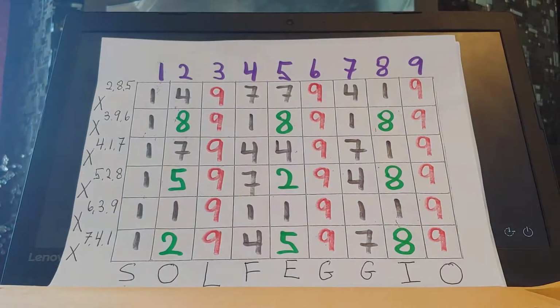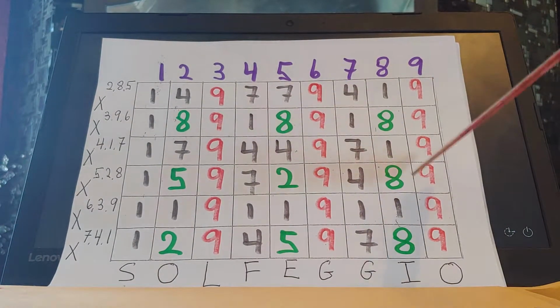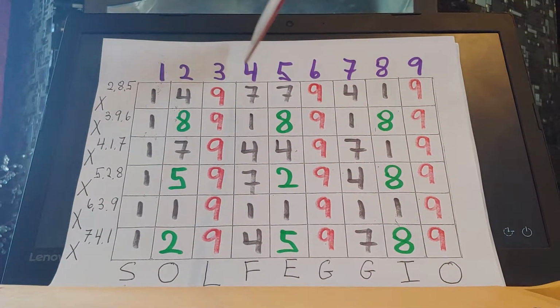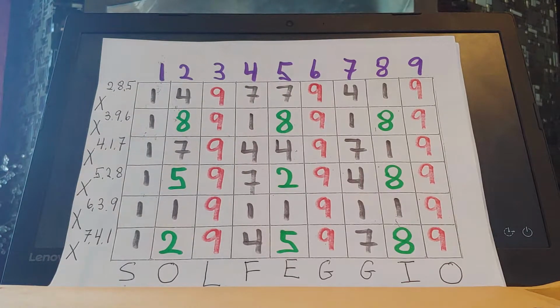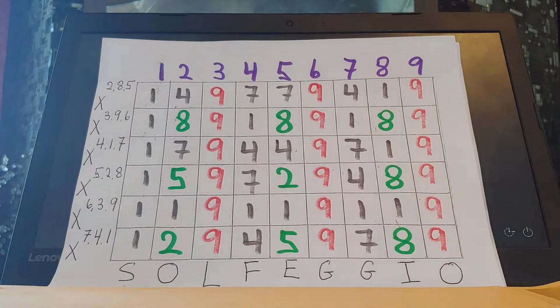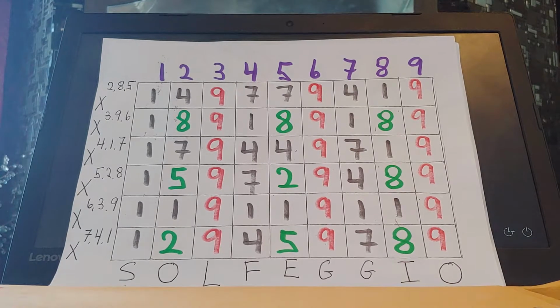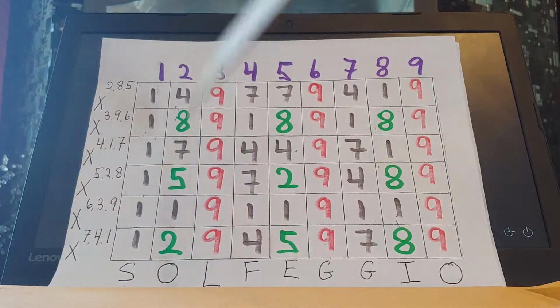You see, 8 goes 181818, and 4 goes 714714, and 2 goes 487512, or 248751.